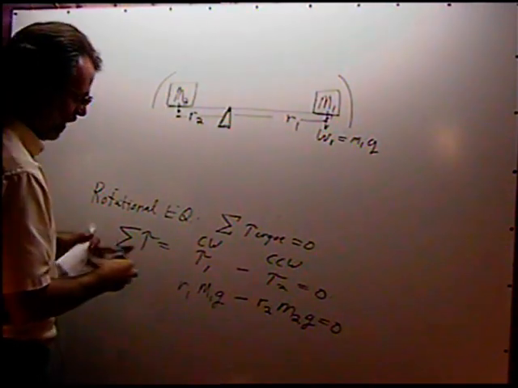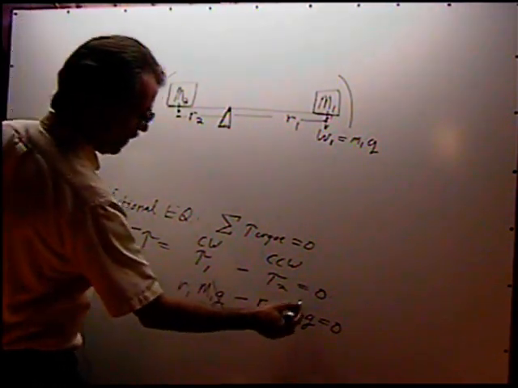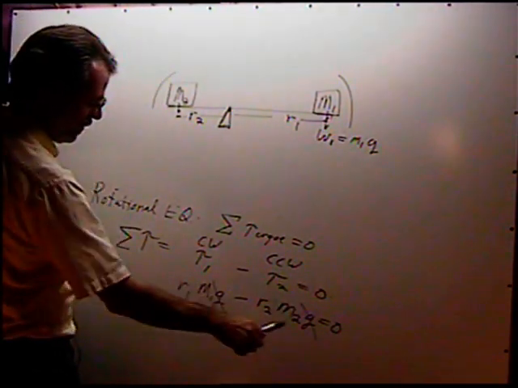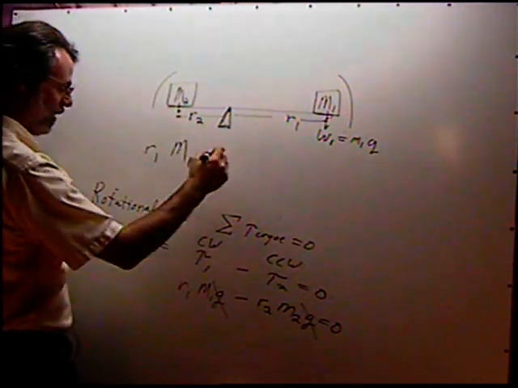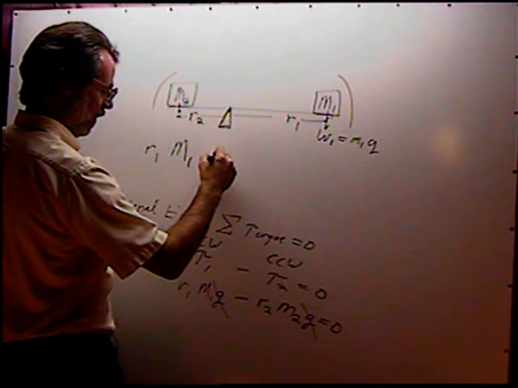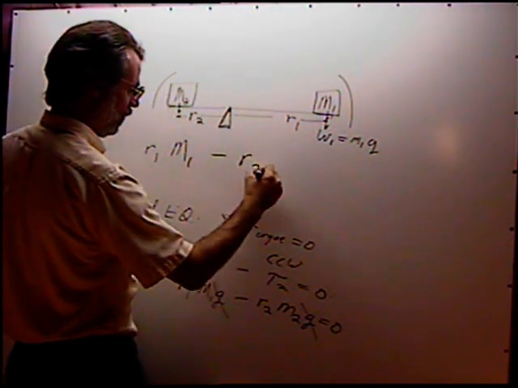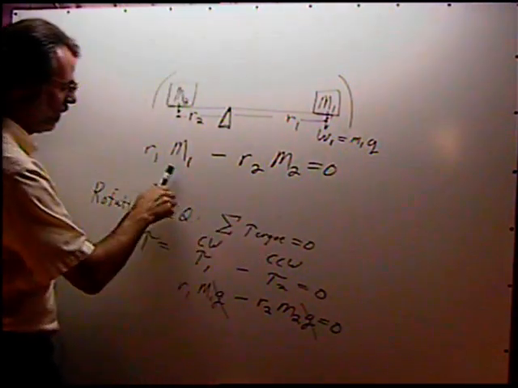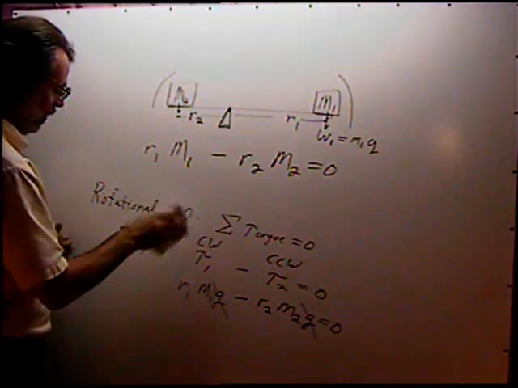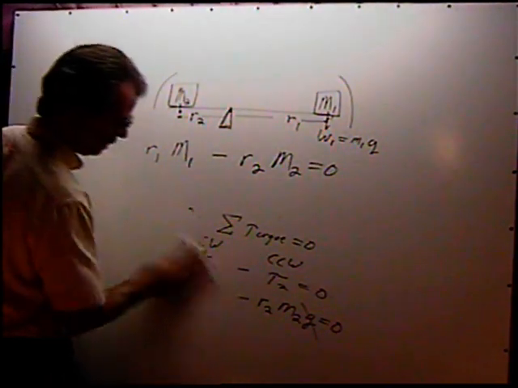So what we have, we can cancel out the G's if we divide them out: R1 M1 minus R2 M2 equals 0. Okay, I'm going to erase this now.